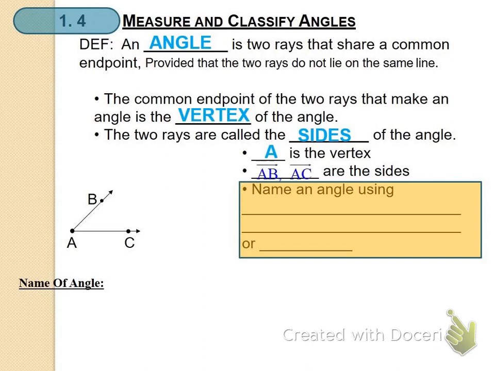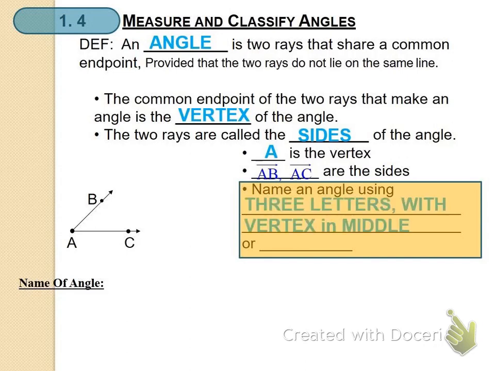The sides are rays, will forever be rays, even if we choose in a diagram to cut those arrows off. We understand that there really is a ray there that's creating that angle, right? So we need to name them as rays. Ray AB, ray AC. Okay?